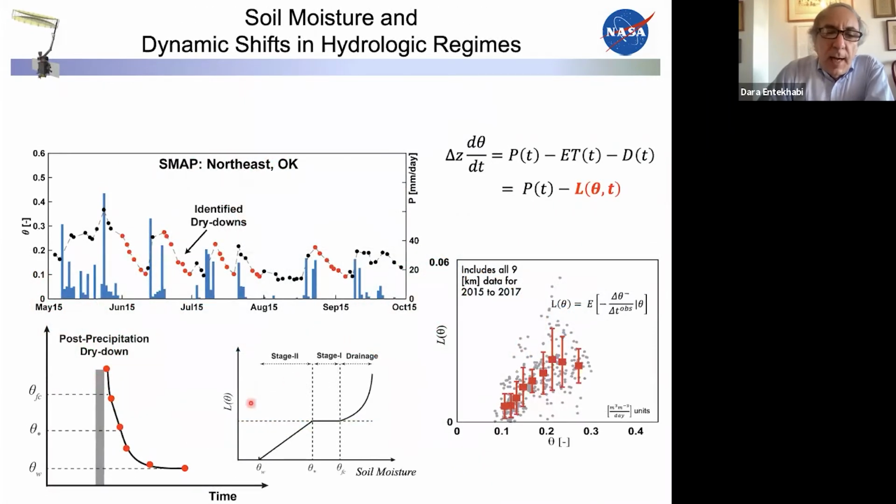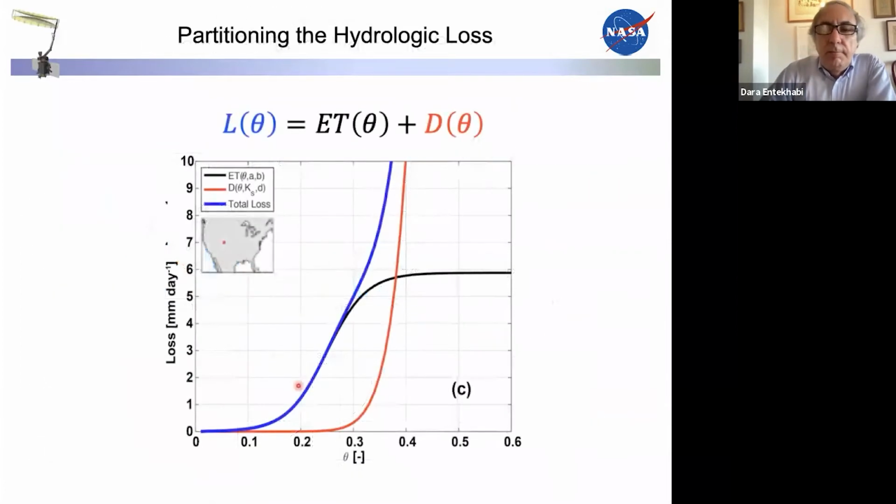So we characterized this loss function as just the negative increments during dry downs and took the conditional expectation of it. Wouldn't it be nice if we could actually break this loss into what's going on in terms of hydrologic processes during each of these regimes? So the loss is evaporation and drainage.